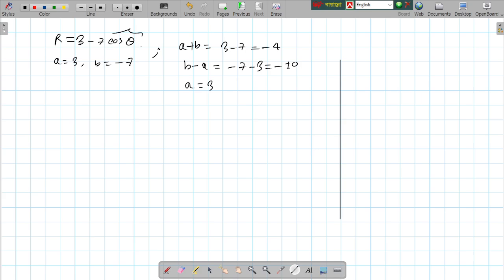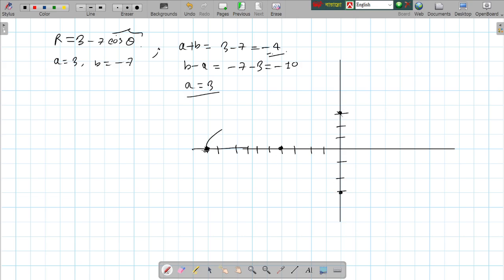So let's start tracing the curve. a plus b, cos means this graph lies along the x-axis, so the position is on the x-axis, minus 4: 1 2 3 4, it's a plus b, and b minus a is minus 10, so 5 6 7 8 9 10, its position b minus a, and the a value 1 2 3, 1 2 3.